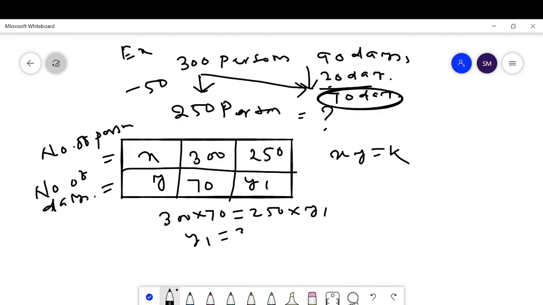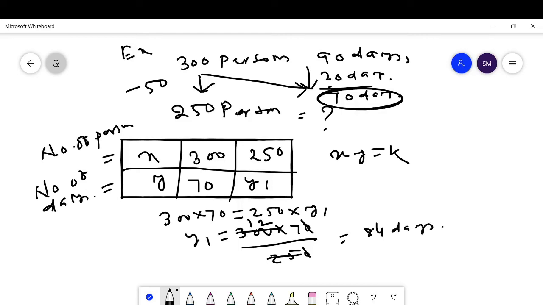Then y1 is equal to 300 into 70 upon 250. Zero cancel. Then the 25 here is 12. Then 12 7s are 84. 12 7s are 84 days.